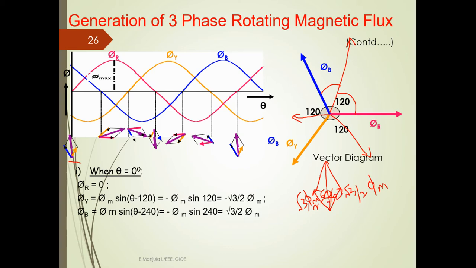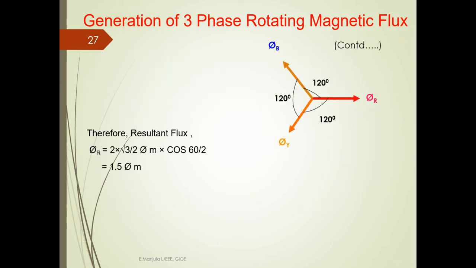So this part is 30, and this is the resultant. Both magnitudes are the same, so phi r equals 2 into root 3 by 2 phi maximum into cos of 60 by 2, which is equal to 1.5 phi maximum.